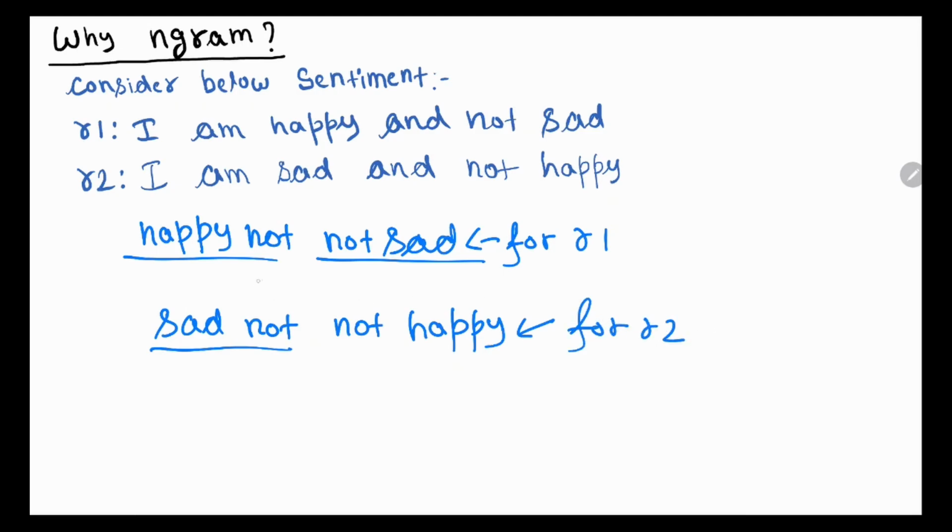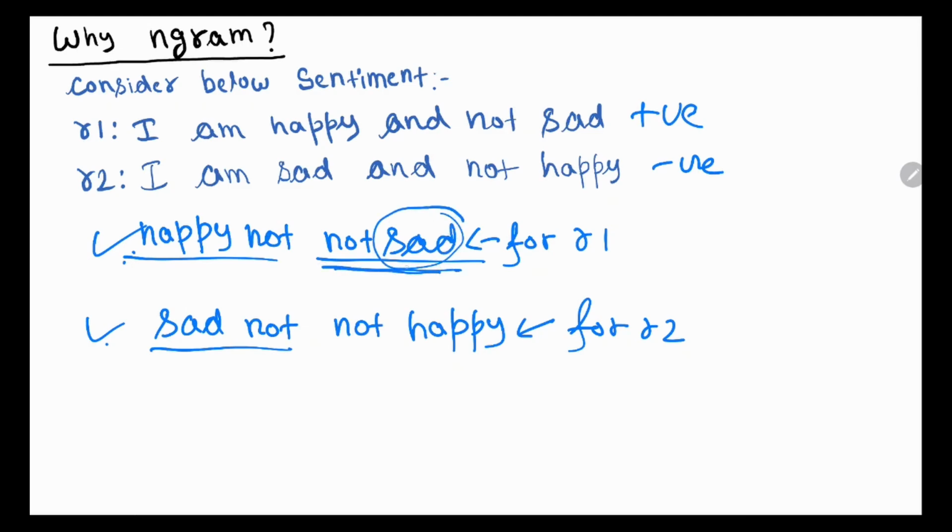We can see that we are having different features here. These two sets of features are not the same. So bigram or ngram really differentiates these two sentiments, positive and negative. That's why we use bigram or in general ngram. We can say that bigram captures some of the contextual information, because it's not just considering sad, it's considering not sad.